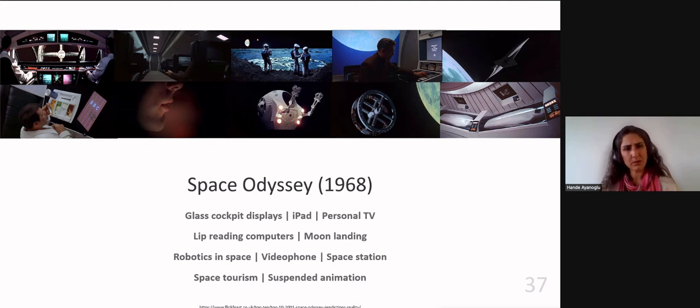So that's what I try to show the students. For instance, Space Odyssey from 1968 had glass cockpit displays. They had iPads, they had personal TVs, they had liquid computers. And we were thinking back then that it's science fiction, or it can never happen. However, all of this already happens or is happening.